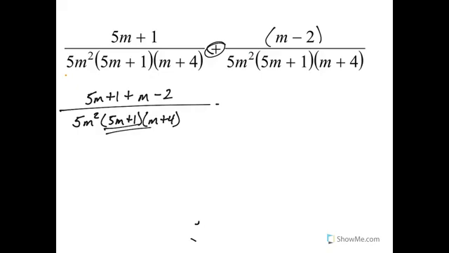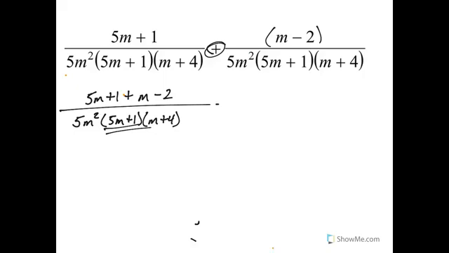That's actually not the case, because now the 5m plus 1 is attached to two new things. So you cannot cancel here. The 5m plus 1 just became part of a bigger thing, so we're just out of luck. It's lost. Like a deck of cards. We shuffled them up, so you ain't finding that one again. If it comes back out at the top, we'll look at it.